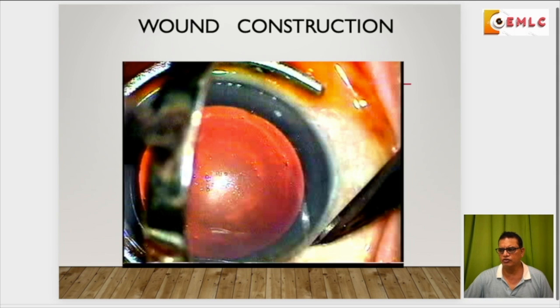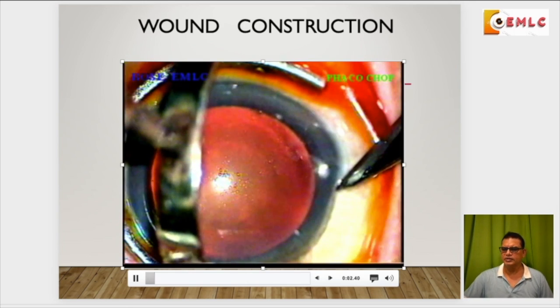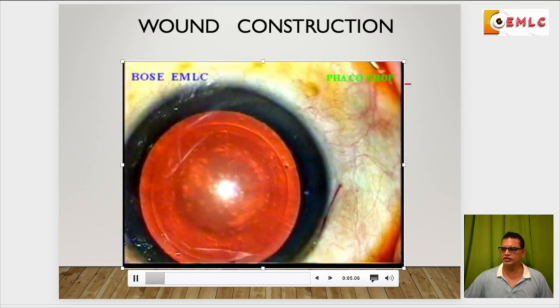So I'll show you a short video. As you can see, this is how we construct the incision.